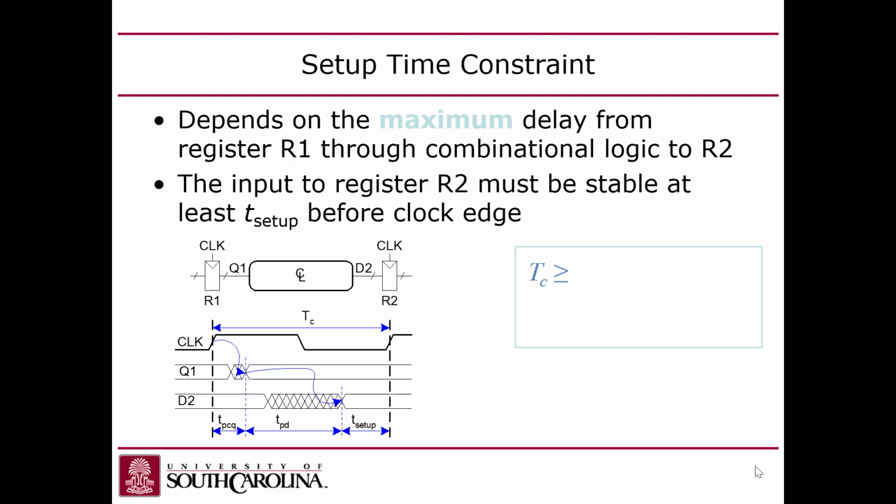Okay, so what about these constraints I was talking about? How do you guarantee you don't violate the setup or hold time? Well, I mentioned it's actually pretty simple. It has to do with the clock period. The clock period has to be long enough to accommodate at least three things.